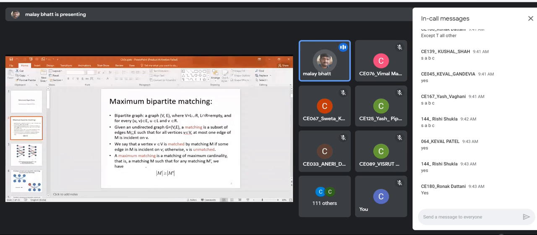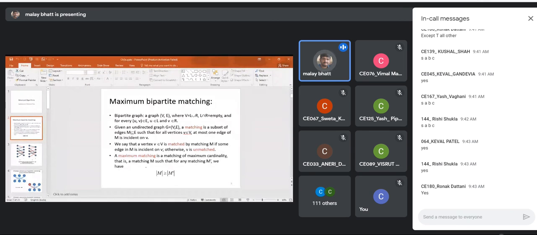Similar to that, for male A2, the wife is female B3. So that is how we can think about L union R, which is equal to V, and L intersection R will be equal to empty. And also you can see that an edge will always be from u to v. So we have a connection between one male and one female. So one person will marry one lady. So that is what we can think about a bipartite graph.